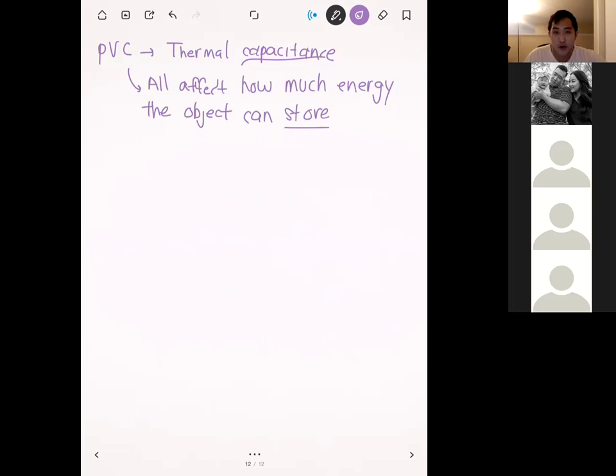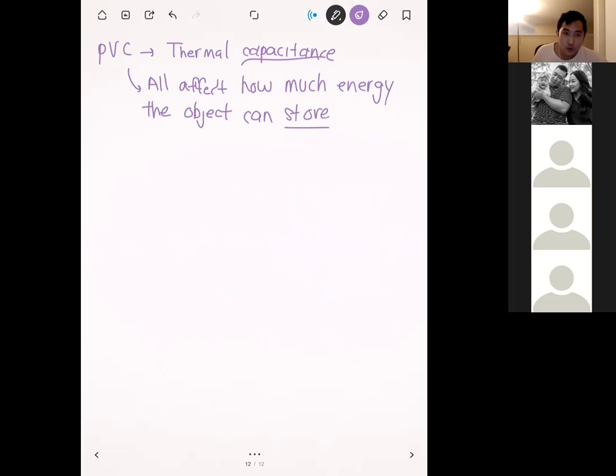The more energy an object can store, the longer it's going to take for the object to lose all of that energy. That's why all of these are in the denominator. So if you increase the thermal capacitance, it'll make the temperature time evolution go slower.